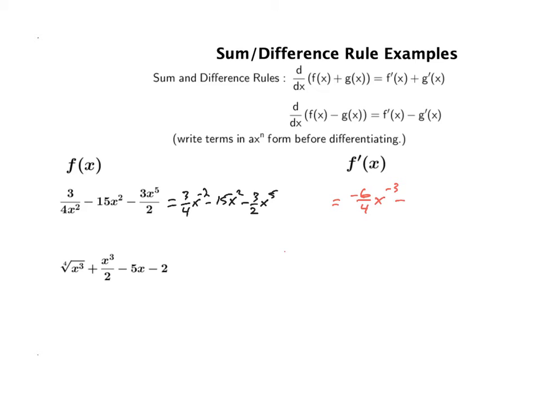And then 15x squared, that's going to be 30x, the derivative of 15x squared. And finally, 5 times 3/2, it's going to be 15/2 times x to the 4th. Let's go ahead and simplify that. So this is negative 3 over 2x to the 3rd.